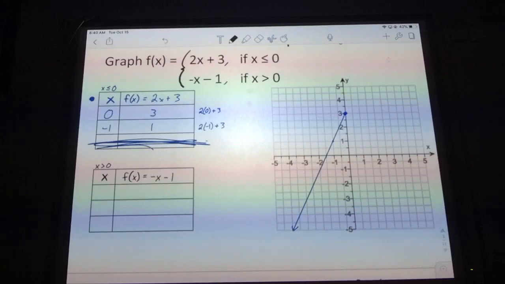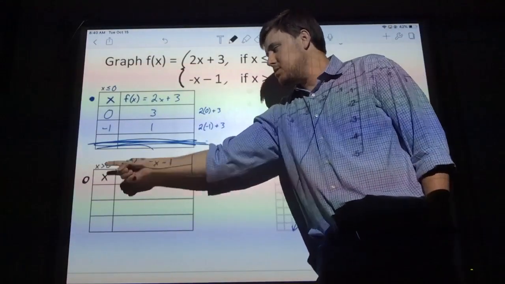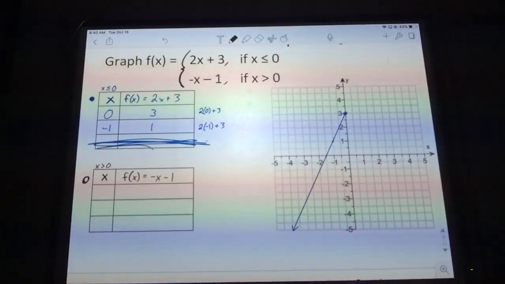And then we know that is an open circle, because it does not say equal to here. And then every table is going to start with the number that's in your problem. So it's going to start with a 0, even though it does not say equal 0.